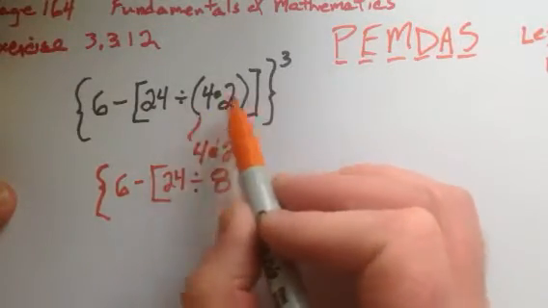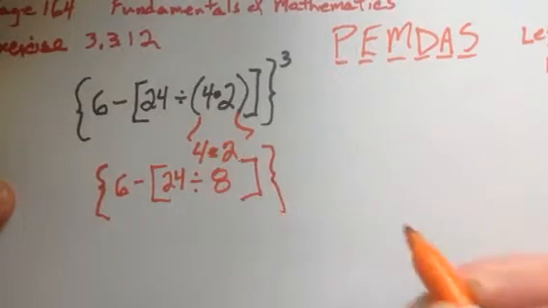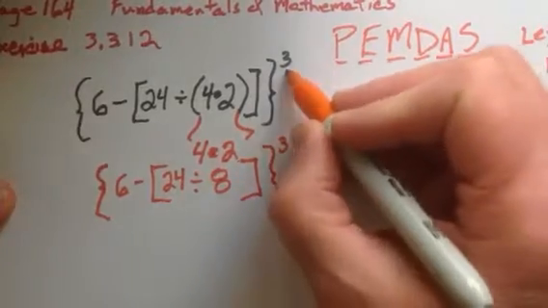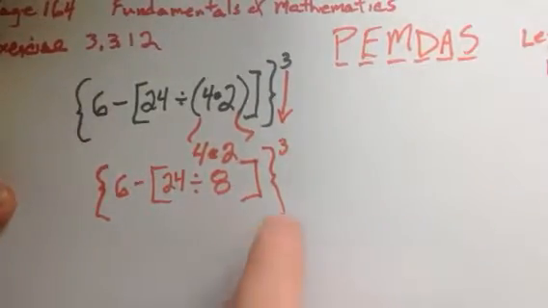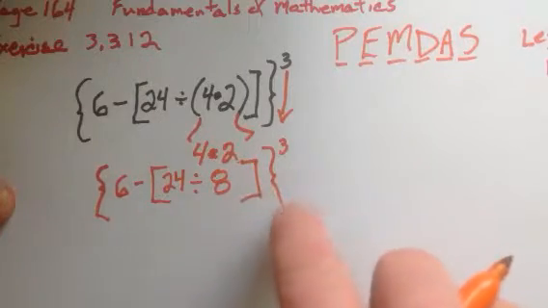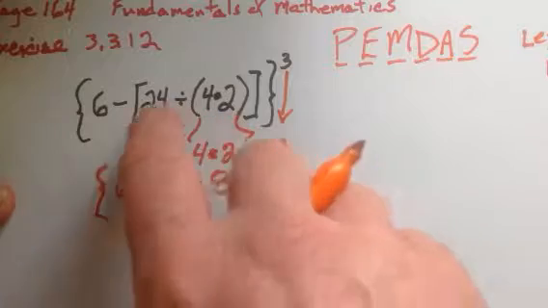Now we've eliminated this set of parentheses, and we go back to the closed squirrely brackets and remember to bring down the 3. Okay, again, I know this seems like a really minuscule detail to write the whole equation out again, and once you get comfortable doing these, you can skip it.